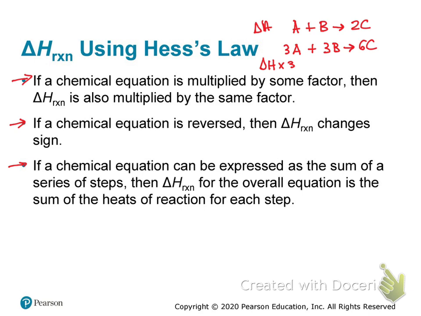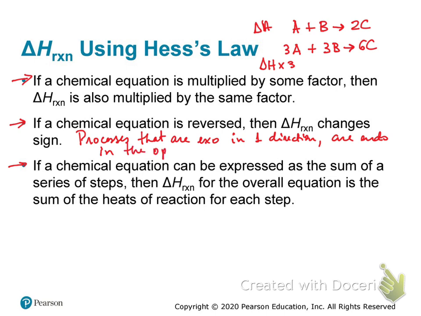The second bullet talks about if a chemical equation is reversed, then delta H of the reaction changes sign. Processes that are exo in one direction are endo in the opposite direction.